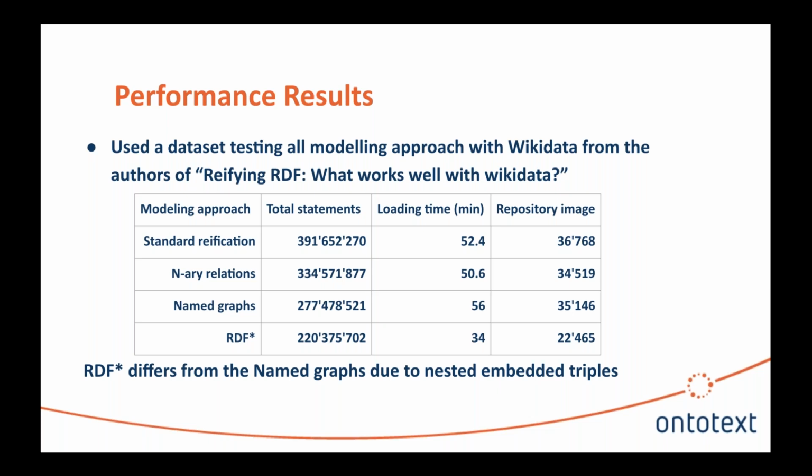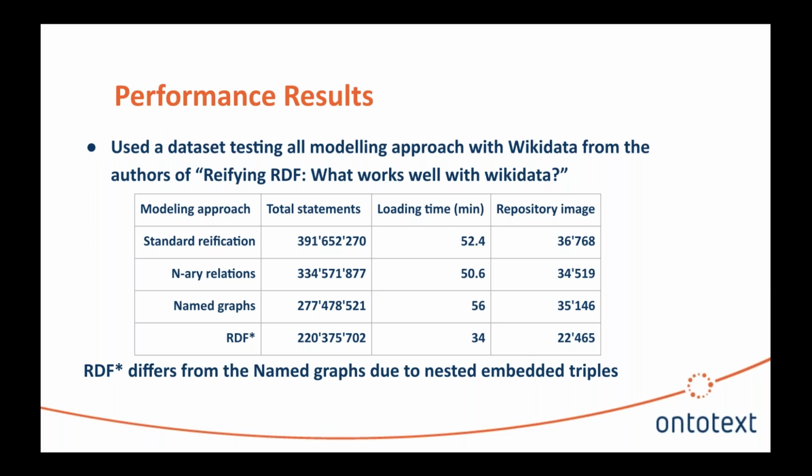Basically, the authors took a subset of Wikidata and used various modeling approaches in order to decide which is the most efficient way, and also to benchmark different types of triple stores. And in their paper, they tested standard reification, n-ary relationships, and named graphs.